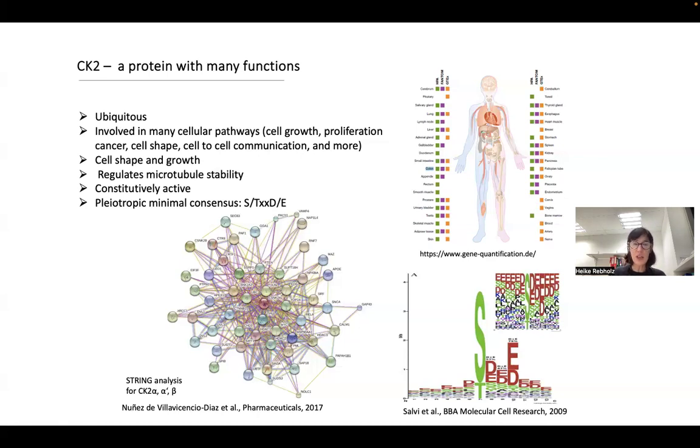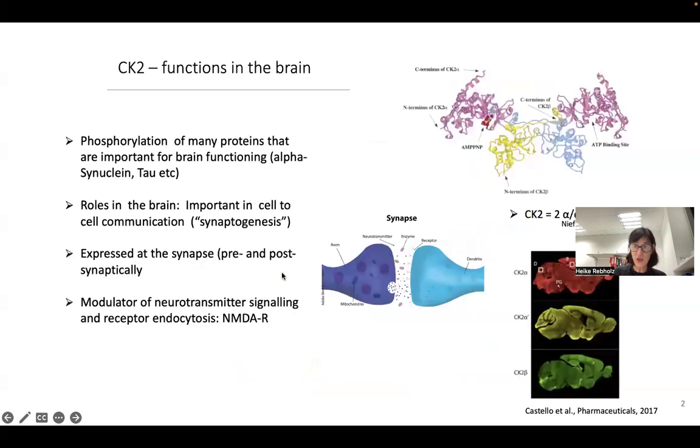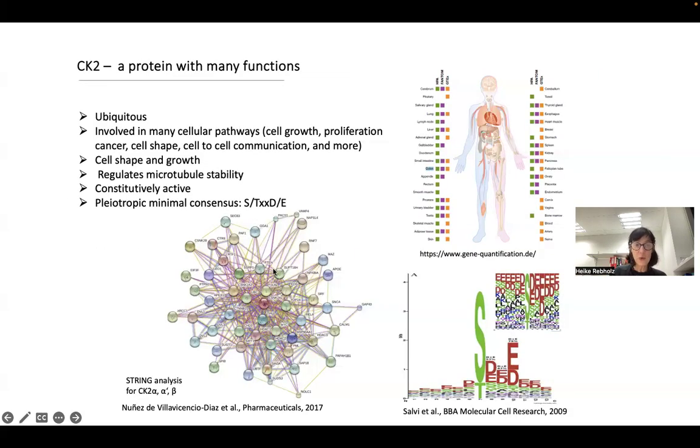Just all of that to tell you that this kinase that we're looking at is an important kinase, and this is just an example to illustrate that, whereby we see how many proteins in the cell, and this is probably just a fraction thereof, CK2 can functionally interact with.